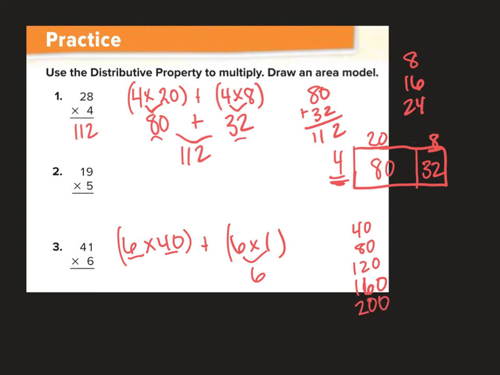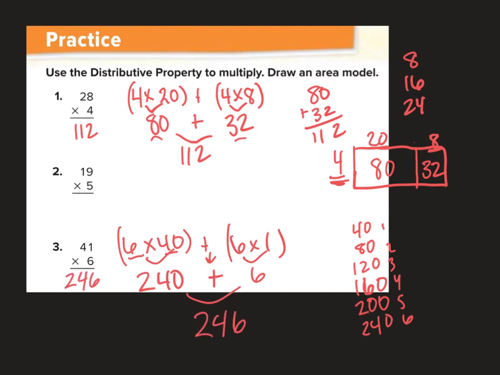I need 6 of them though. 1, 2, 3, 4, 5, 240. Okay, 240 plus, right below, 6. Okay, 240 plus 6 is 246. So my answer is 246.